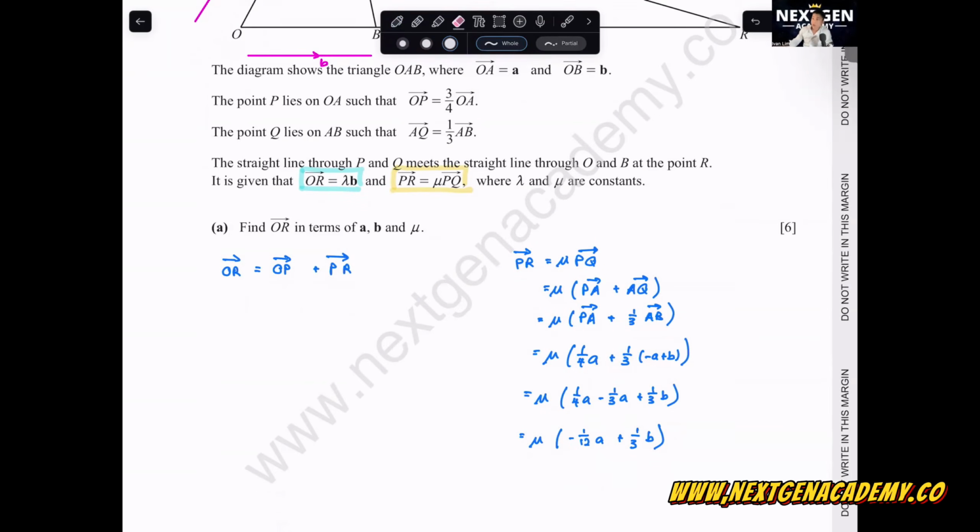What is OP? OP is 3 over 4A. So we will now substitute in the PR: 3 over 4A plus mu.